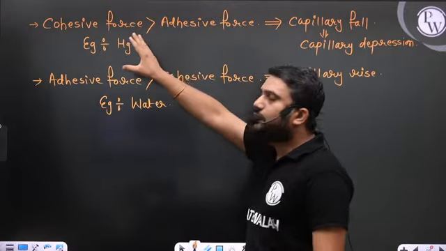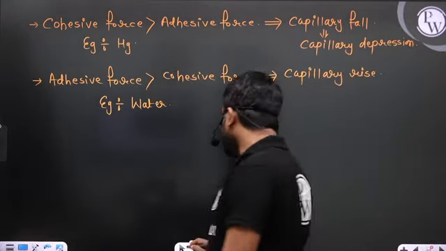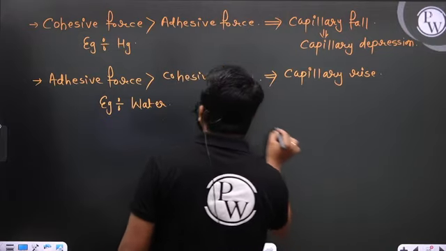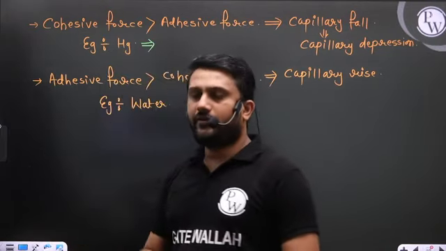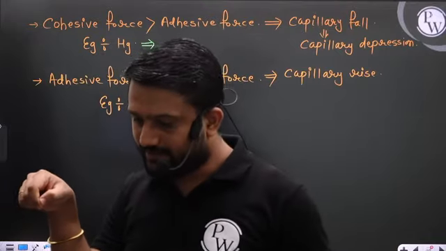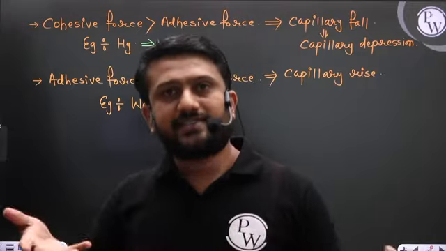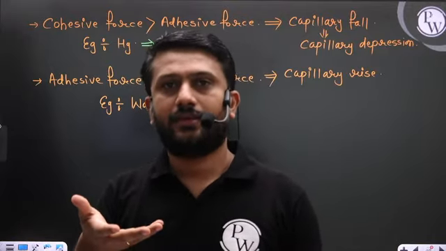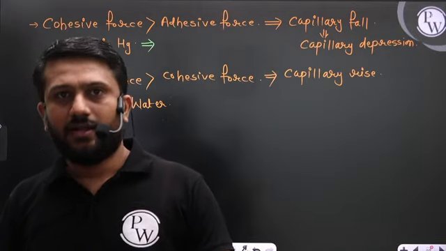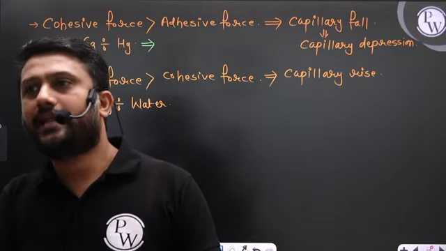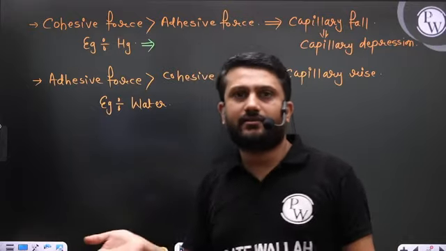If cohesive force is greater than the adhesive force, tell me, if you drop mercury on a surface, is the surface wet or not? Obviously the surface is not wet.